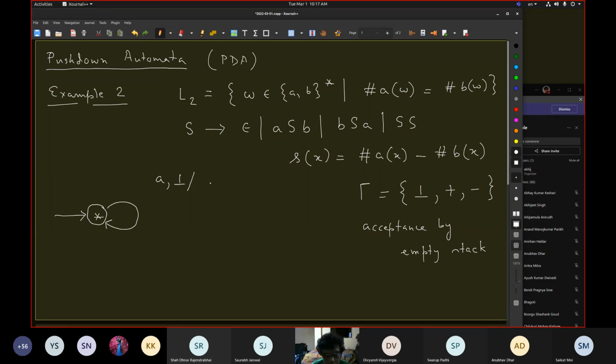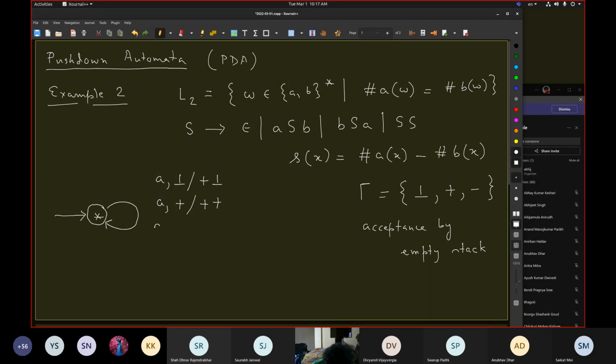Now the surplus becomes +1, so I will keep the bottom marker, but push 1 plus. On the other hand, if on the top of the stack I already have some plus and still another A comes, I will push another plus.